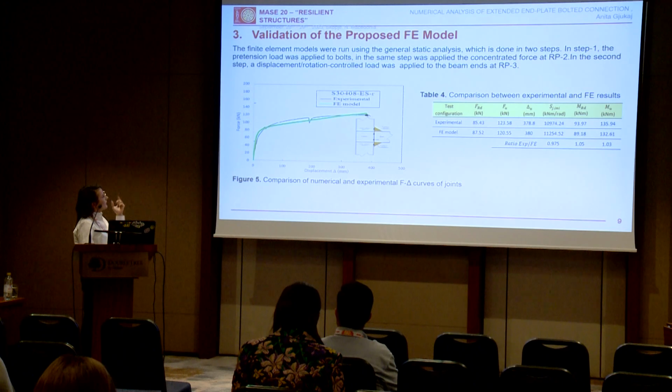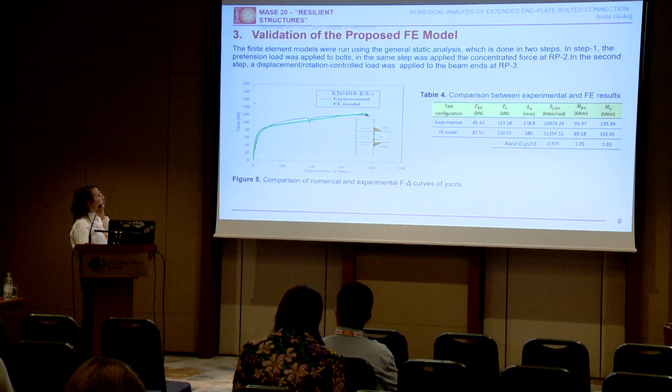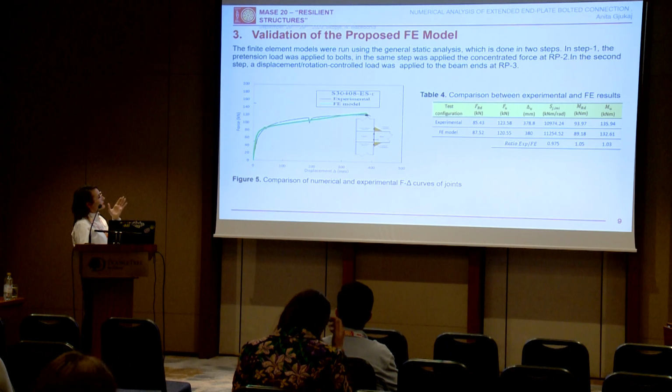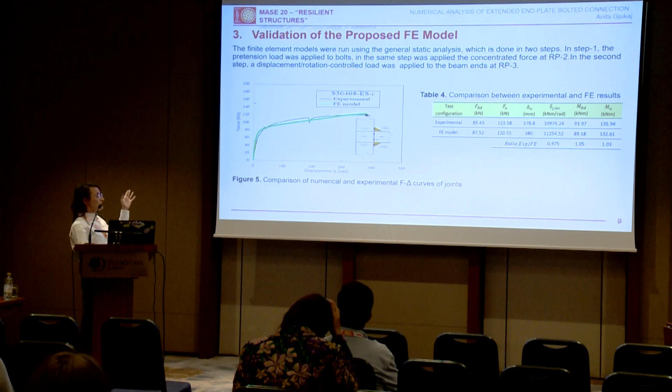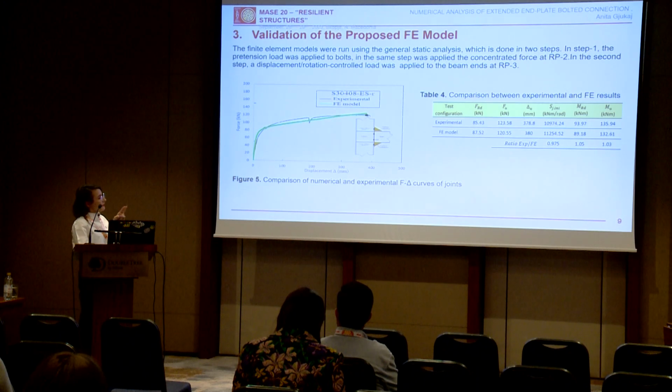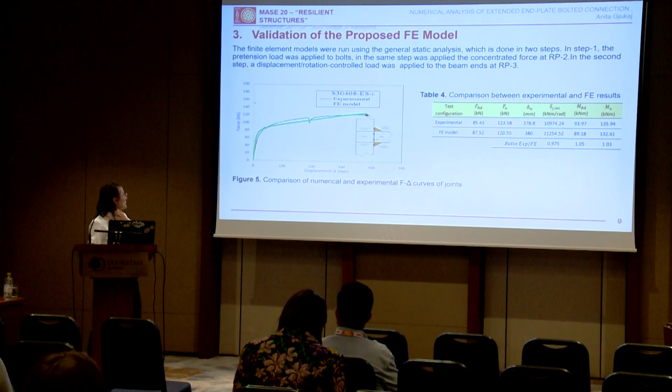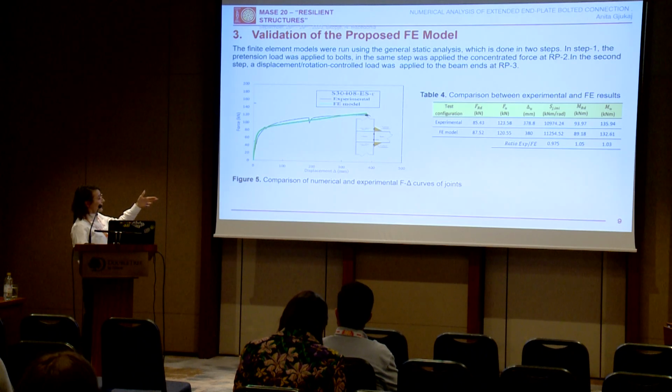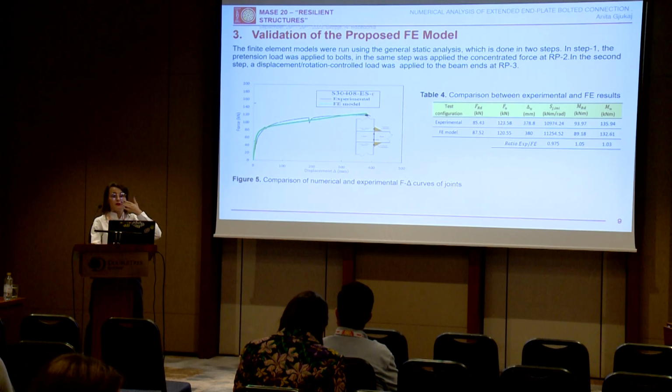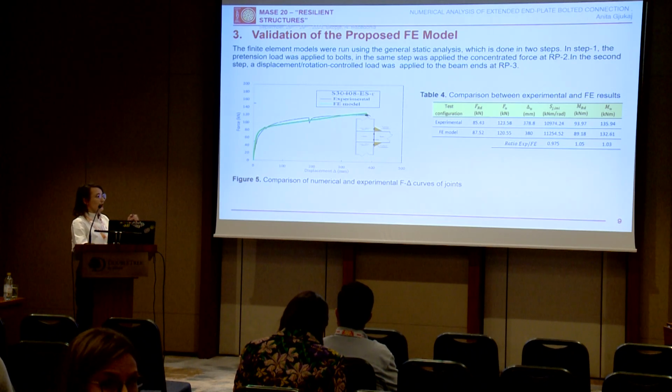Based on this, a comparison of numerical and experimental results was carried out regarding the force-displacement and also the failure modes of the joint configuration that was experimentally tested by GDJU. As seen, the numerical and experimental results are in really good correlation with each other.